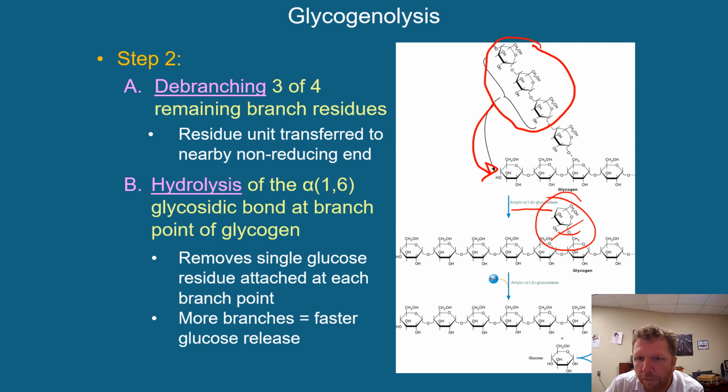It's going to hydrolyze that away. Okay, and so the result of that is that you're going to be able to break this molecule down, and, well, now we've got a fully liberated glucose molecule that was formerly a branch. That's going to be able to go into glycolysis or enter the bloodstream and alter the blood sugar level. So we've got hydrolysis, then we encounter a branch, we got to debranch it. Then we're going to hydrolyze that branch, and now we've got a straight chain of glycogen that we can go ahead and process because it's 1,4 linkages.